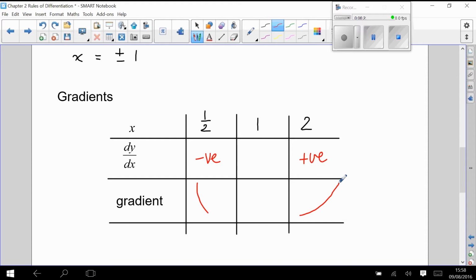You can do exactly the same when x is minus 1. Choosing a number just smaller than that, choose minus 2. Or a number just bigger than it, but not as big as 0, so choose minus a half. And then you will see to the left of minus 1, your gradient is increasing, and to the right of minus 1, your gradient then becomes decreasing.